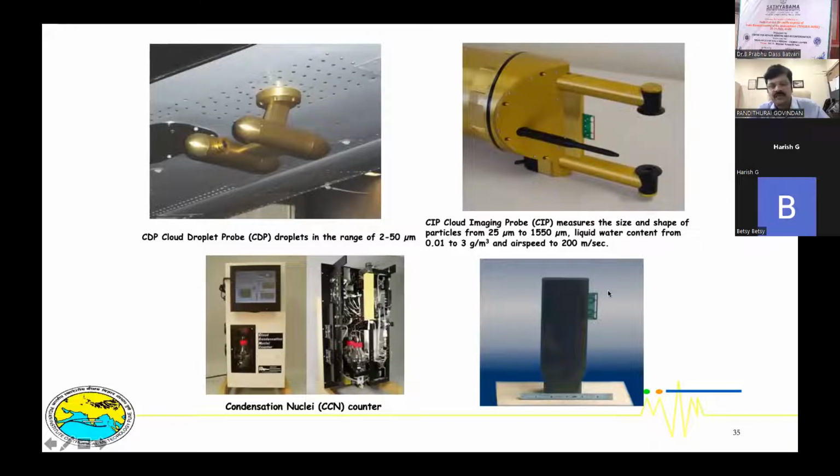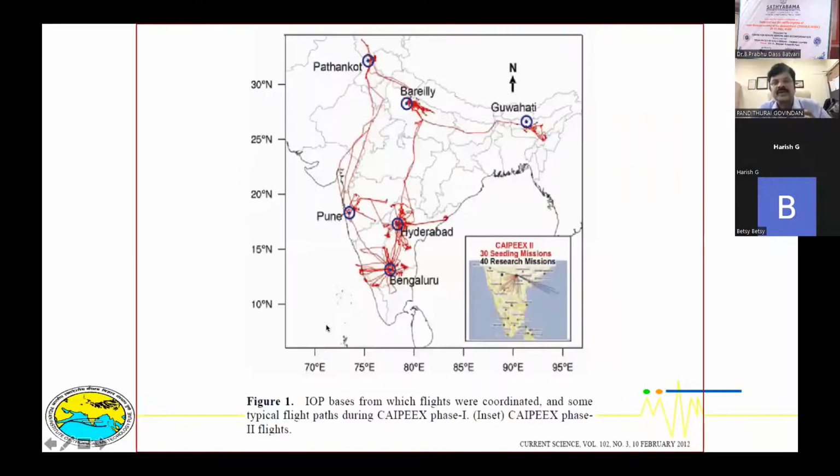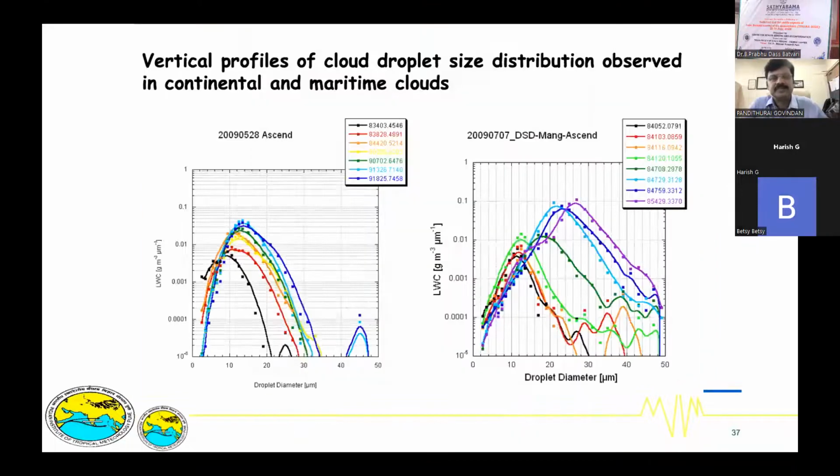Then there is a hot wire sensor for observing the cloud liquid water content, and a cloud condensation nuclei counter. The experiment was conducted in different parts of the country. These are some of the flight paths shown in the phase 1 and phase 2 projects, and phase 3 and phase 4 were mainly focused on the rain shadow region in Maharashtra.